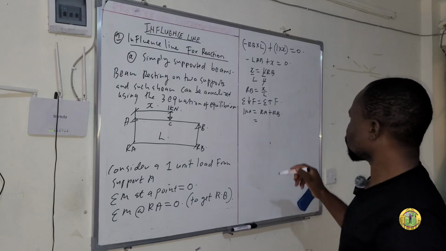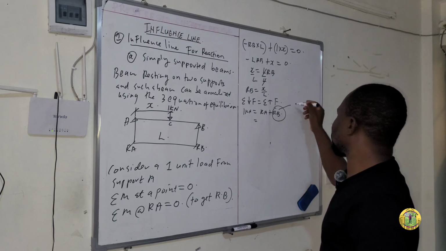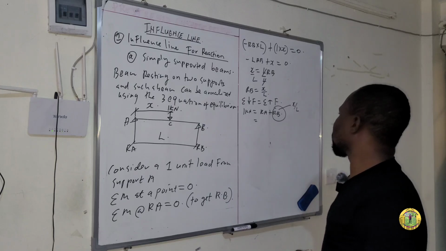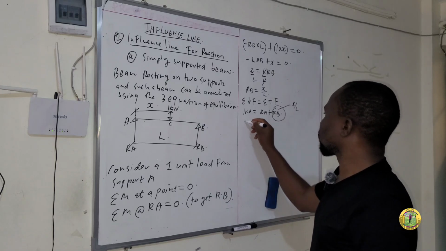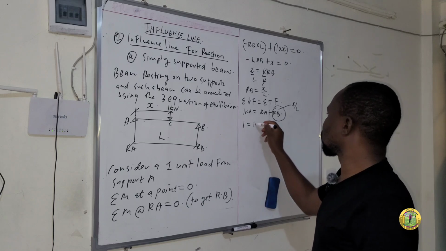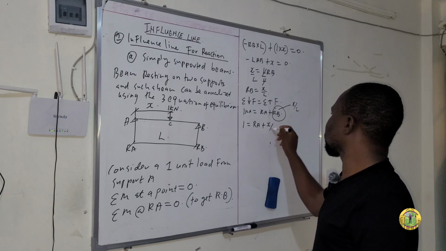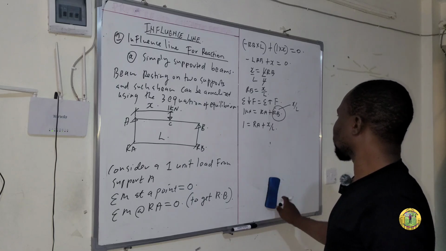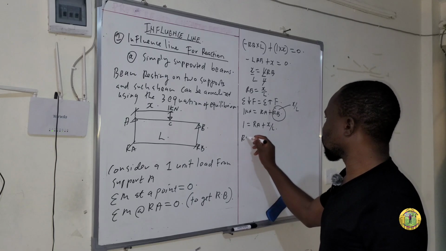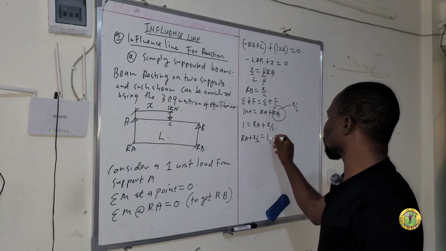So we have RB. We can substitute RB with X over L. So you will say 1 is equal to RA plus X over L. So in other words, it is RA plus X over L is equal to 1.